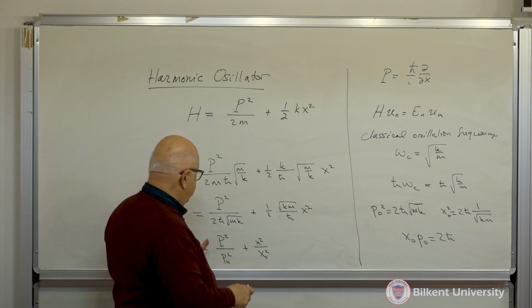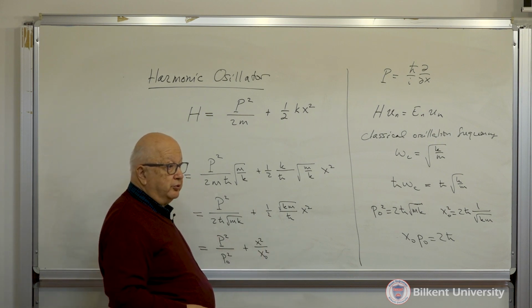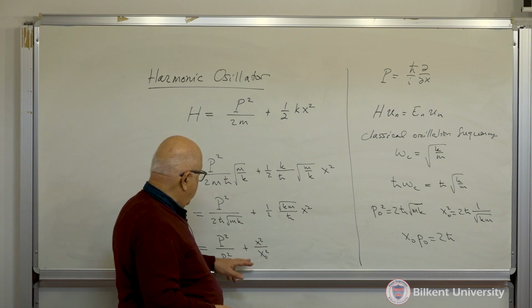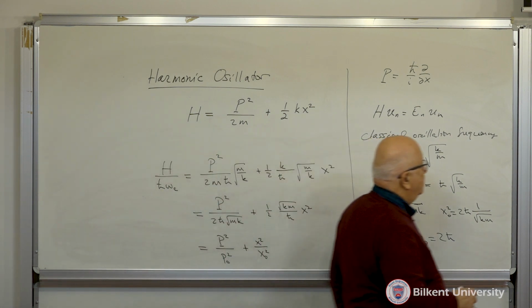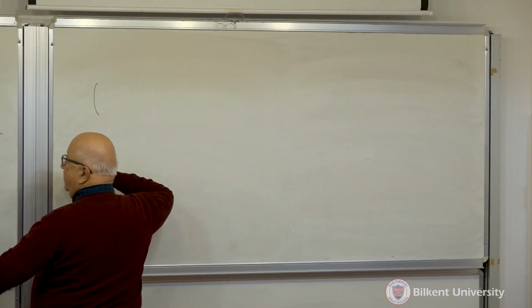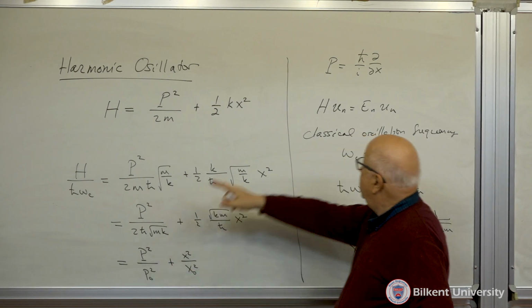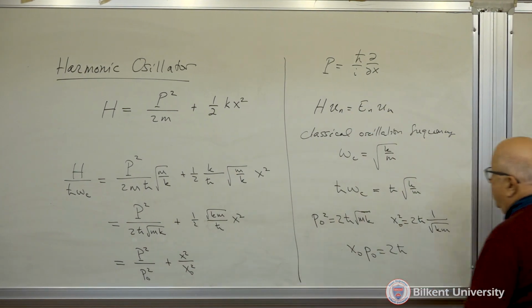Now I want to see if I can factor this into two terms. One way I can factor it is if I just assume that they were simple variables. Remember that p is an operator, so I have to be careful.